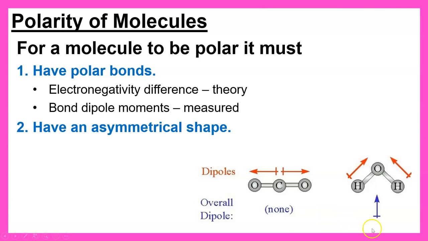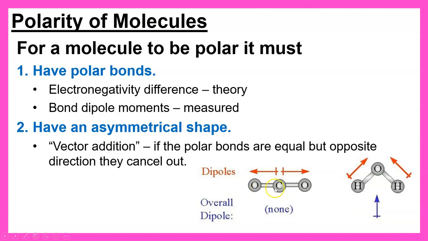If you look here at our carbon dioxide, I have a slight dipole going to the left, I have one going to the right, but I don't end up with an overall dipole because they cancel each other out. This is hard to understand if you have not taken physics. In physics, you learn that these little arrows, these vectors, can add together.